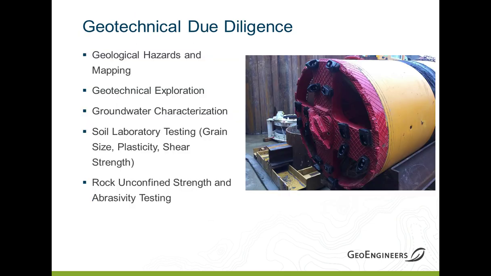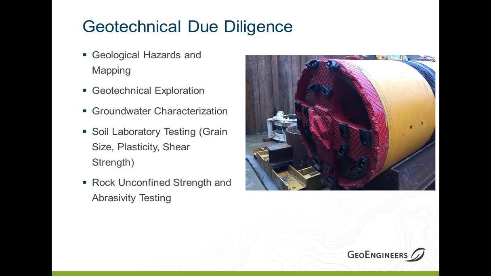So another important part, or really critical part in our perspective to having a successful direct pipe or any trenchless installation, but we're talking about direct pipe today, is the geotechnical due diligence, and that's considering geologic hazards, scour depths, undermining, karst, things like that, doing a robust geotechnical exploration.